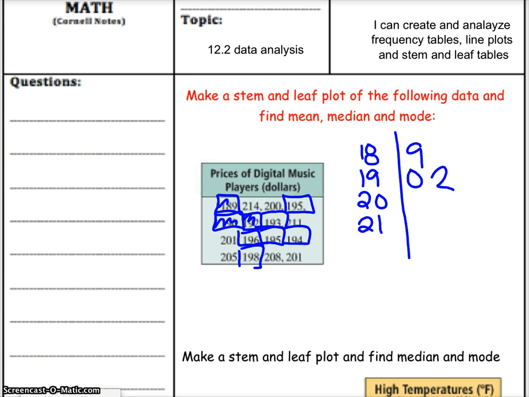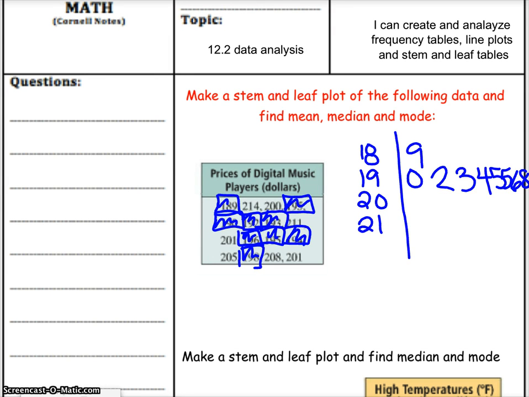I have a 193, so I put a 3. I have a 4, 2 5s, a 6, and an 8. So it looks like a lot of my data is in the 190s. Right away, I'm already making an interpretation on that.